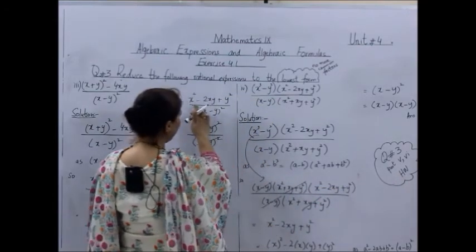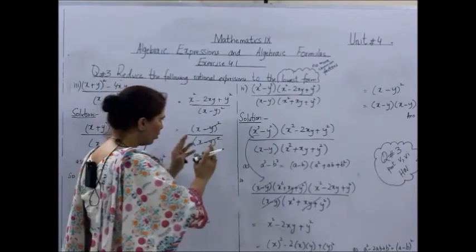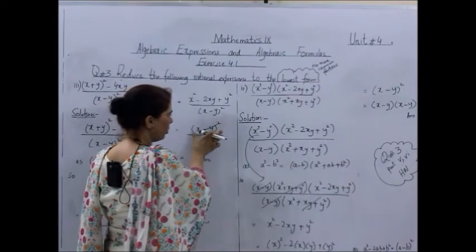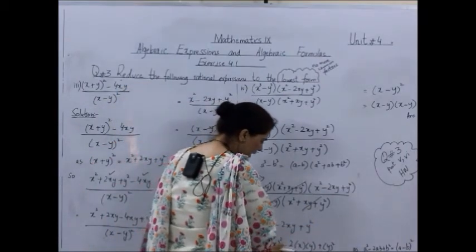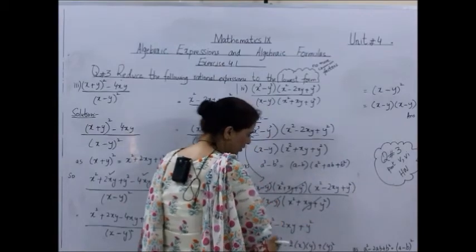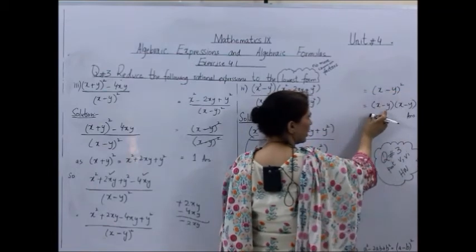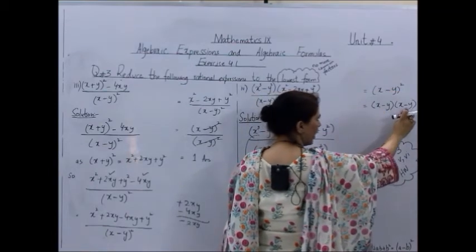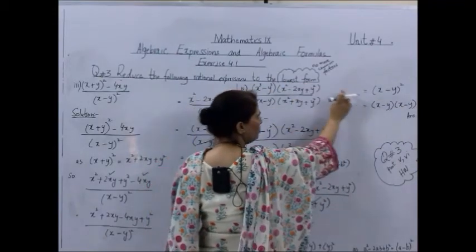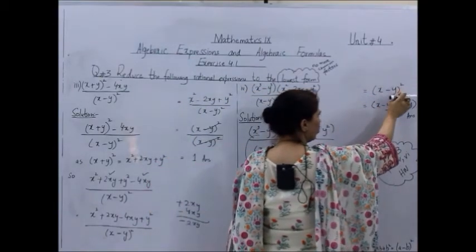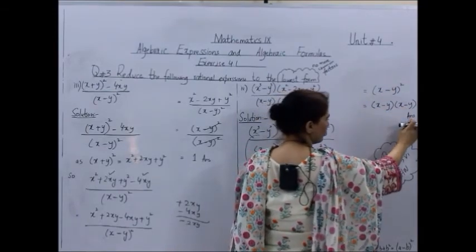Again we know, when we close it in whole square form, it will become (x−y)². (x−y)² can also be written as x−y, because we have to write it in lowest form. So the lowest form of (x−y)² is x−y.